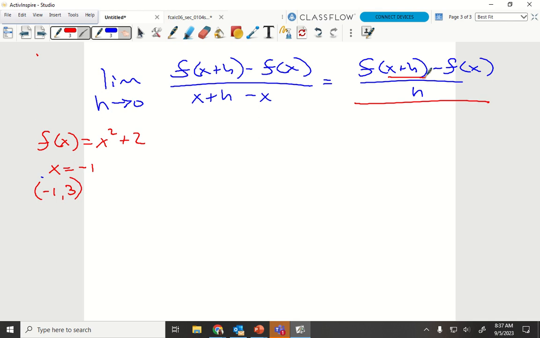So I'm going to do that here. That's going to be parentheses, x plus h closed, squared, plus 2. That is my f of x plus h, minus f of -1.